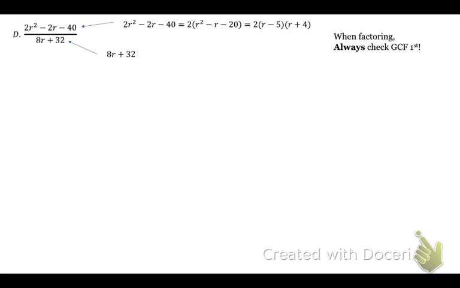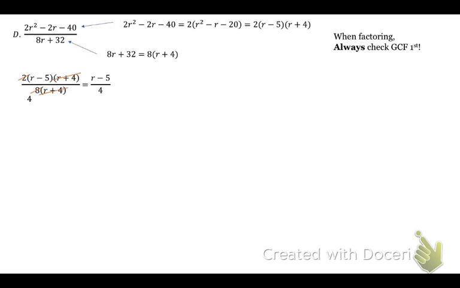Now I'm going to put that on top and put my other one on bottom. So I have 2 times r minus 5, r plus 4, over 8 times r plus 4. Then I'm going to start canceling things. Those r plus 4's cancel because they're completely the same. 2 goes into 2 one time. 2 goes into 8 4 times. So you're just left with r minus 5 over 4.